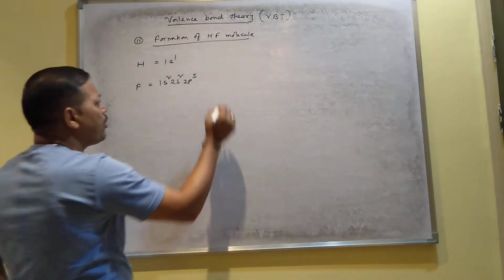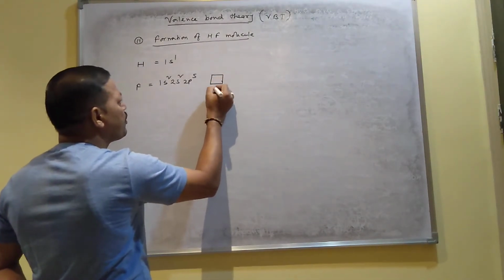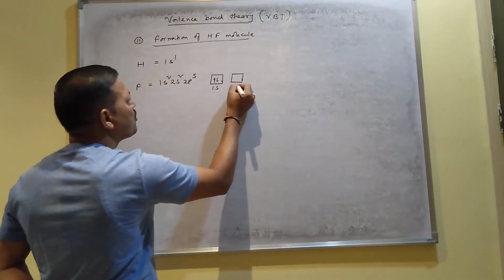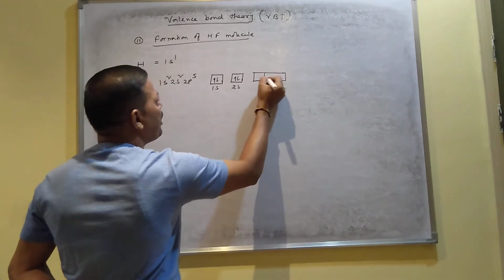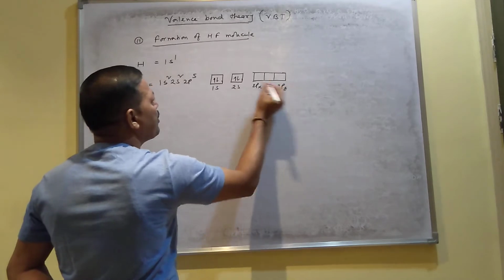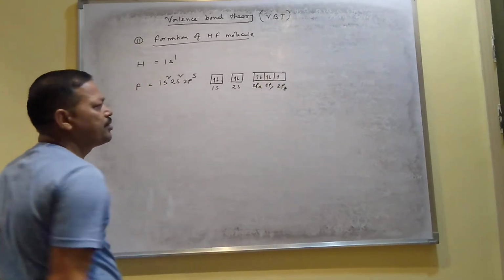If you want to draw the electronic configuration in boxes, this is 1s2, this is 2s2, and this is 2p5. 2p contains 3 orbitals, 2px, 2py, 2pz, with 1, 2, 3, 4, 5 electrons.